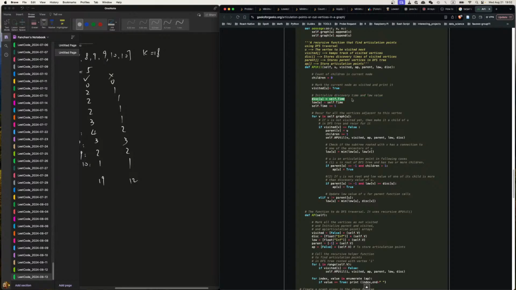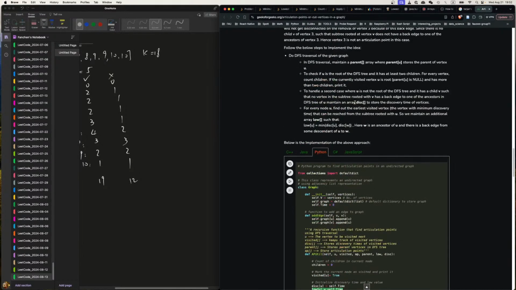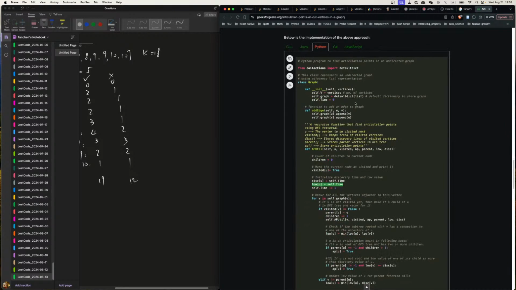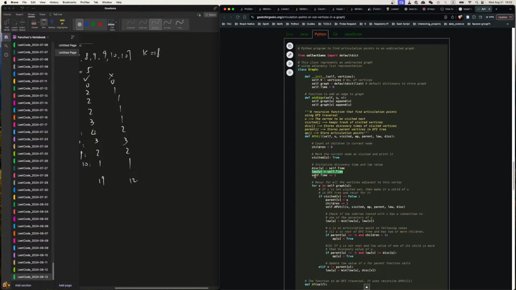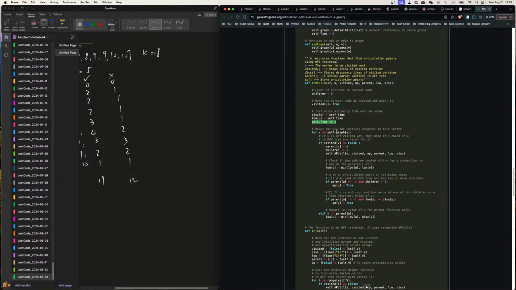Discovery of U, low of U. I don't know what low of U is. We'll see. Okay, all the vertices adjacent to this.